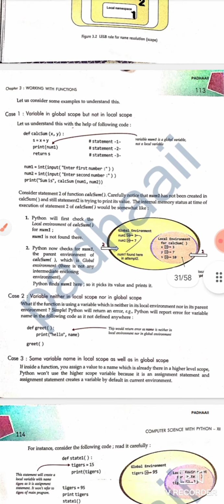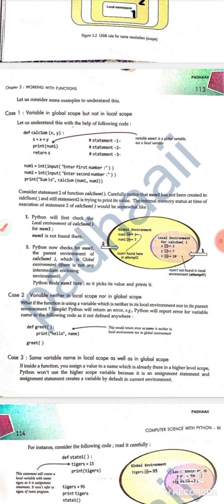It will print num1, but its scope is global. Python will check the local environment for num1. If it is not found, it will move to the enclosing environment. If it is not found there either, it will go into the global and then the built-in environment.